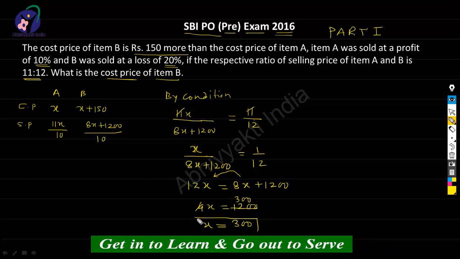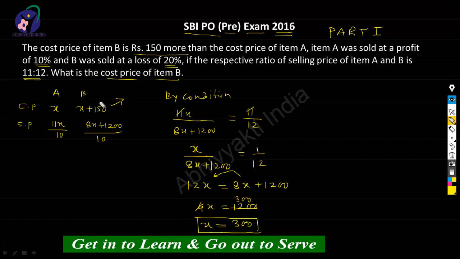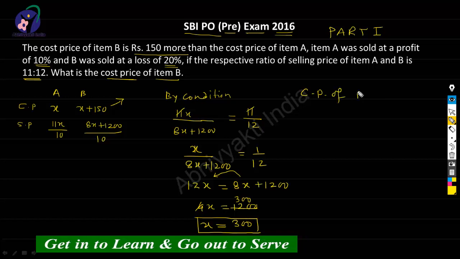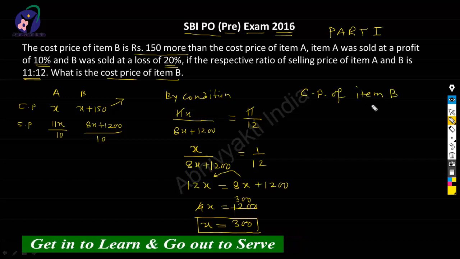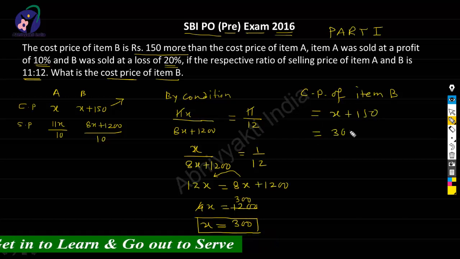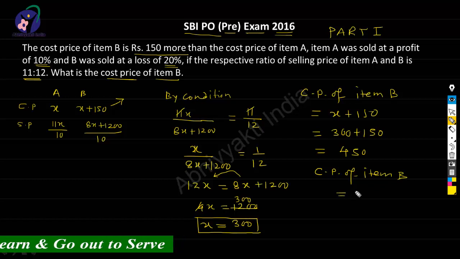So x is 300, and therefore the cost price of item B is x plus 150, which is 300 plus 150, that is equal to 450. So the cost price of item B is rupees 450.